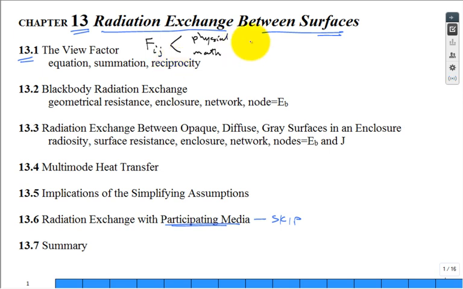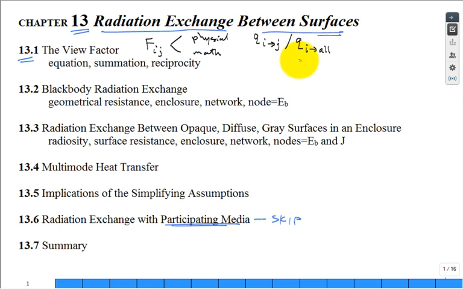Okay, what's the physical? The physical is something like this. Q, that's as many photons, or the power, something like that. Energy, radiative energy, leaving surface I that goes and hits surface J, impinges on surface J. And if you divide that by all of the photons that leave surface I, all of them, and go to any surface J in the enclosure, then I get a ratio, I get a fraction.